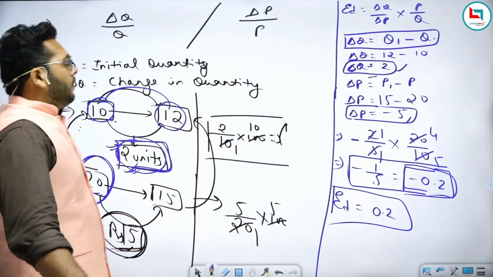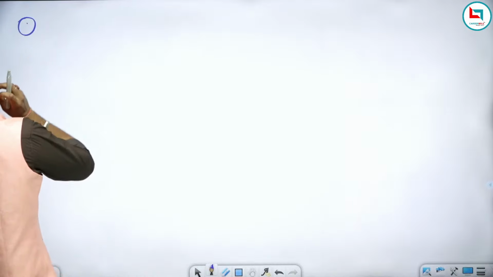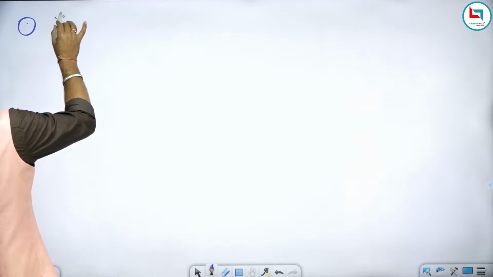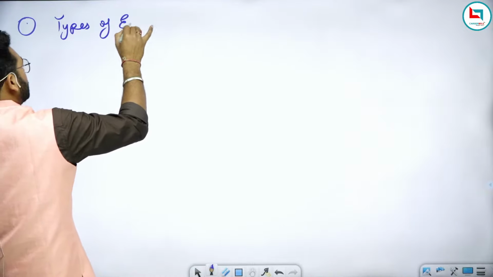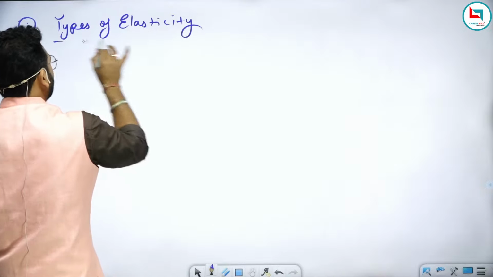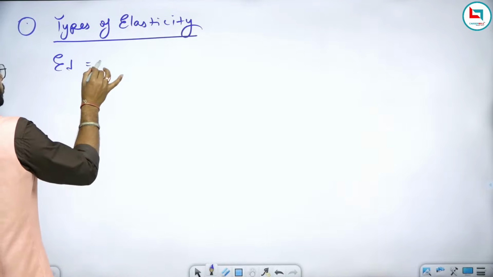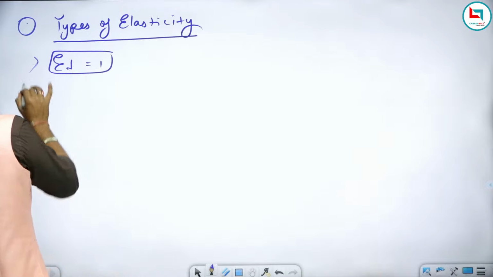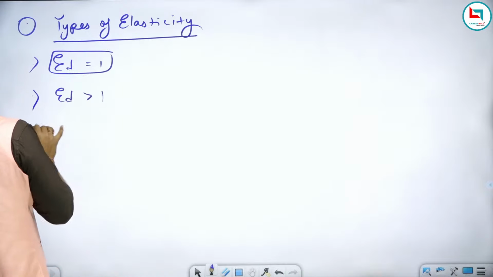Now we'll understand some concepts of elasticity of demand. We'll study the types of elasticity of demand, or you can say elasticity. So first, AD is equal to 1. Second, AD is greater than 1.